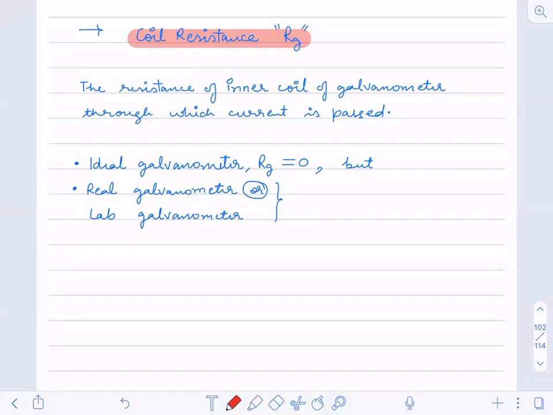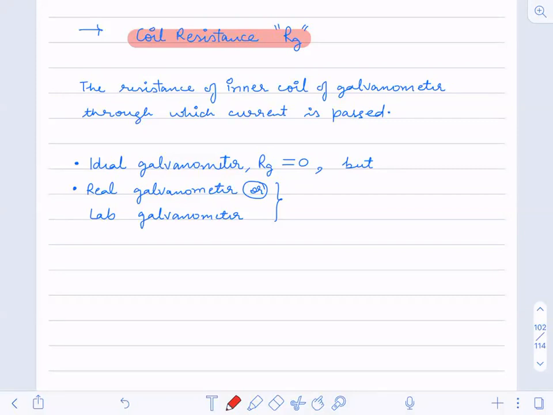Now, the next point is that for an ideal galvanometer, I have said the resistance must be 0. But in practical, there will be some small amount of resistance.